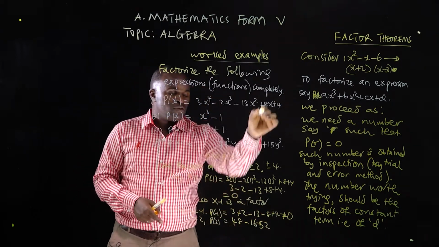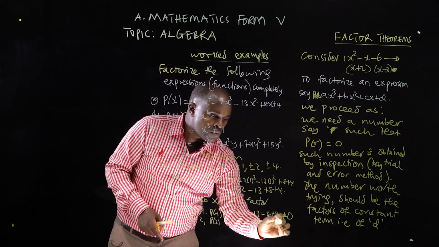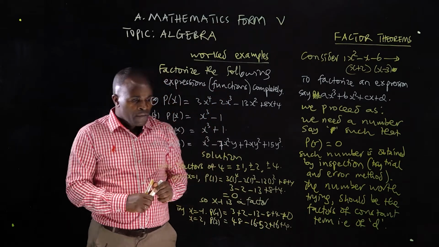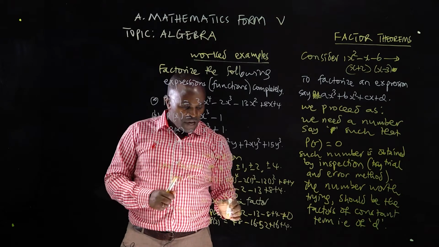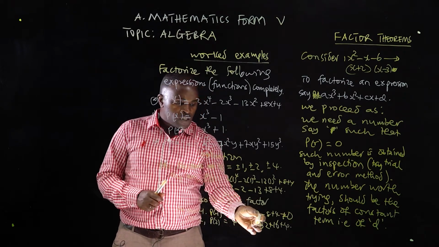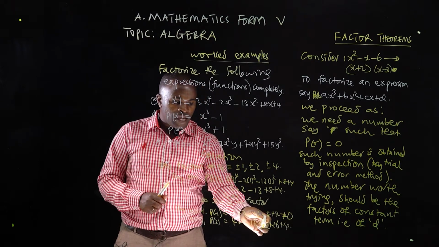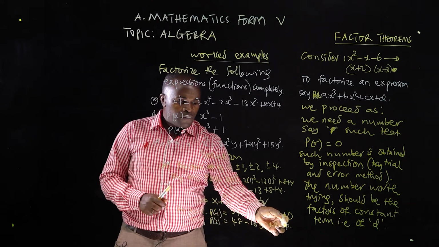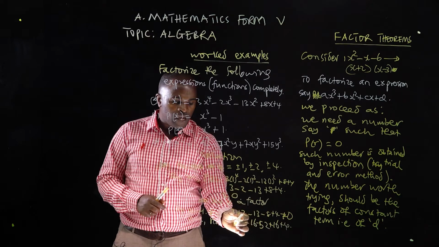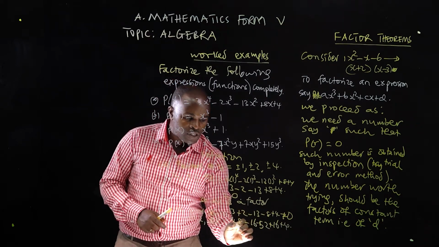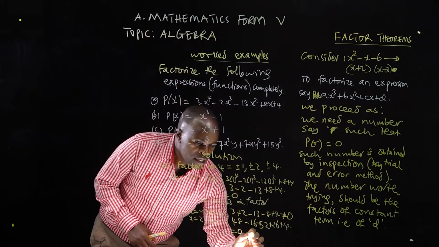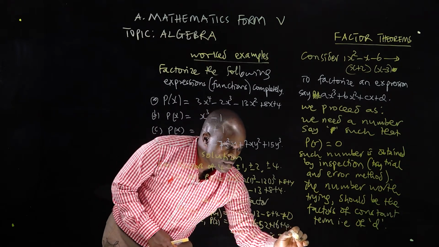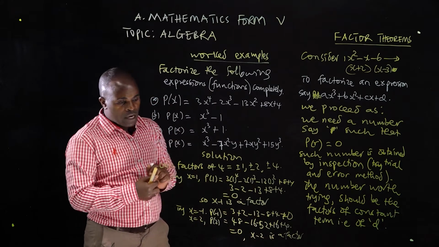Then 8 times 2 is 16, plus 4. Testing the result, negative 16 and 52 gives 68, and 48 plus 16 plus 4 is 68. So this gives 0. It means x minus 2 is a factor, so we now have 2 factors.